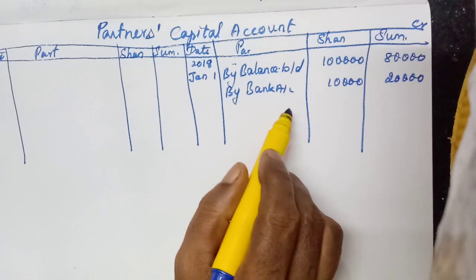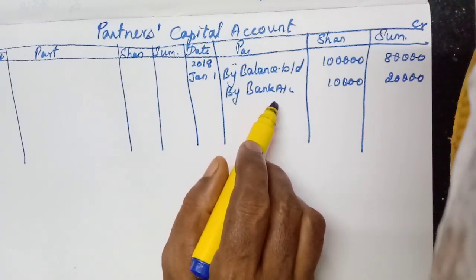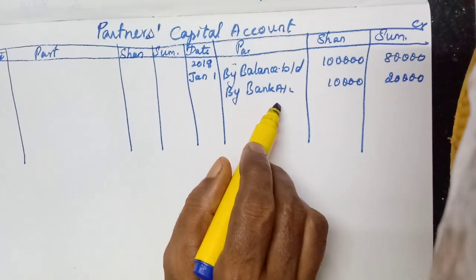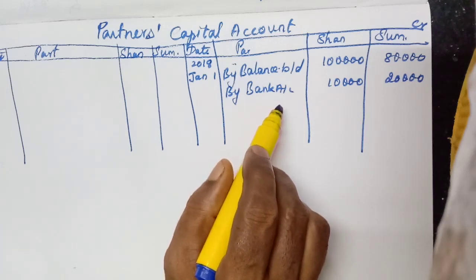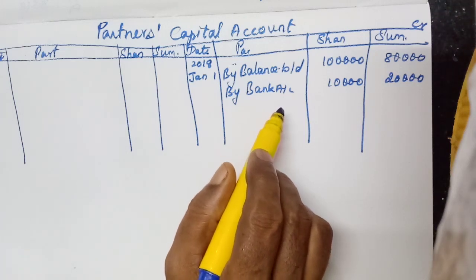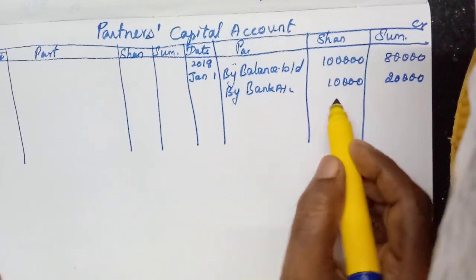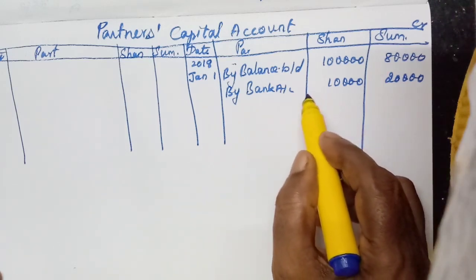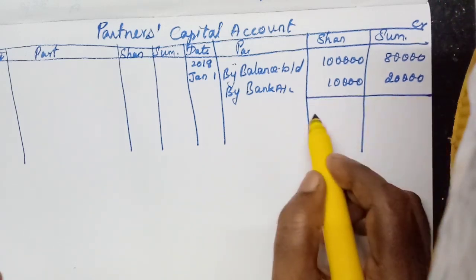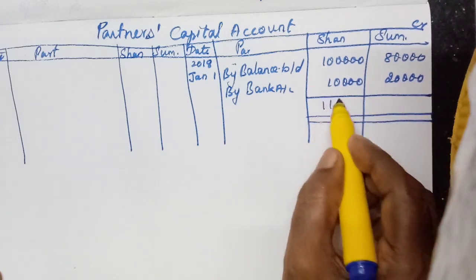Then the third item, any permanent capital withdrawn, is not given. The drawings during 2018 means how much he has withdrawn that particular year, but that we may not take. So now we can close this account. Only the credit side we have entered. Draw one line and double line, 1,10,000.